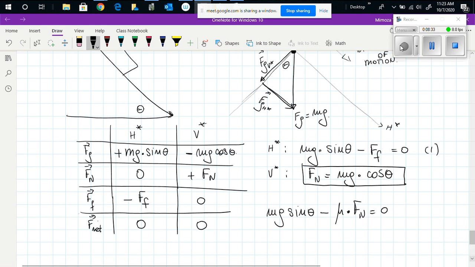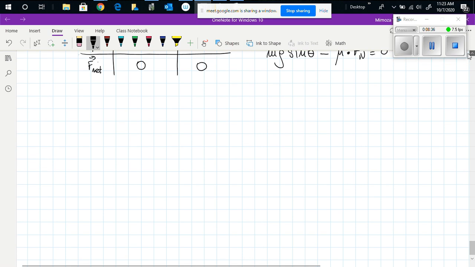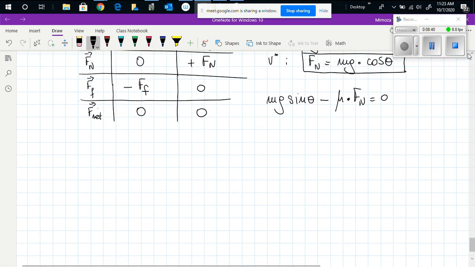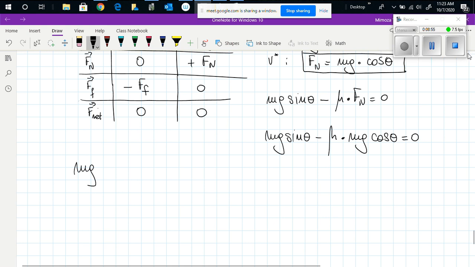Okay? Force normal, we just found that it is mg times cosine theta. So we'll have mg sine theta minus mu times mg cosine theta equals to 0, or mg sine theta is equal to mu times mg cosine theta.